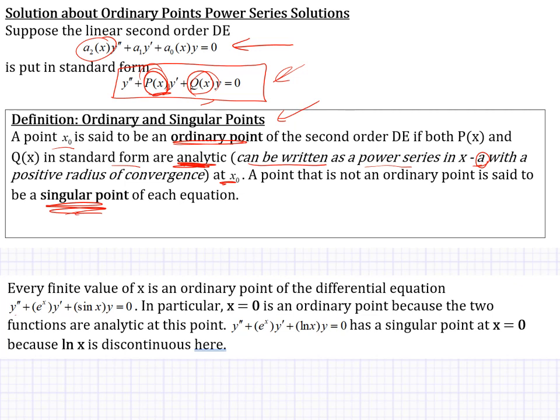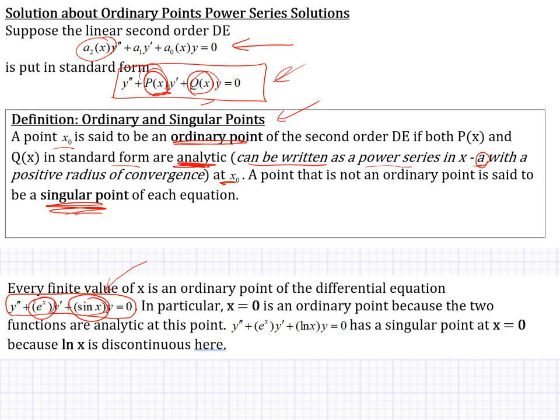Look at this differential equation down here. This is in standard form. This is a second order standard form linear homogeneous. Look at the functions p of x and q of x. We talked about this last time, that there are some real common functions that can be written as power series, in which case e to the x and sine x are two of the most common ones, and they can be written as a power series centered at 0.